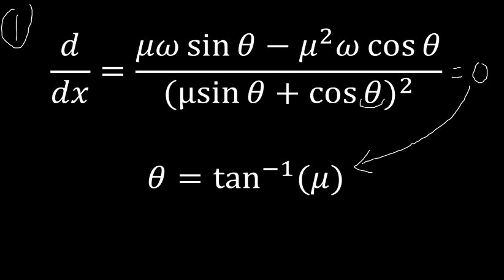So what does this mean? The same I was telling you earlier. The angle depends on mu. So if you have a high mu, you are going to have less angle, and vice versa. This is what this means.